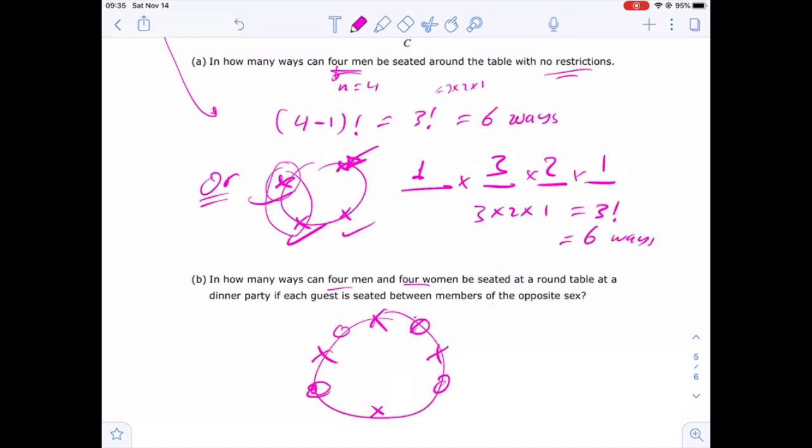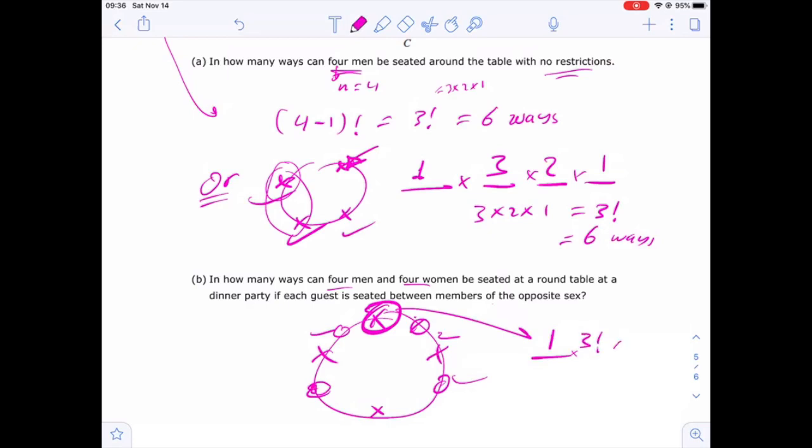So we first start with one seat. If we decide to choose this seat to start with, then we only have one seat. And then the rest of the people, for example, if those are men, have 3 different seats to select from. So we have 3 times 2 times 1, which is 3 factorial.